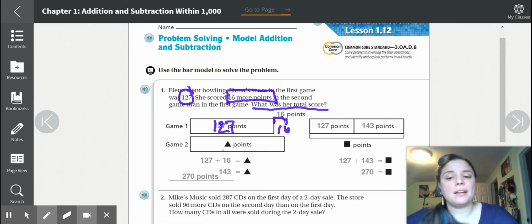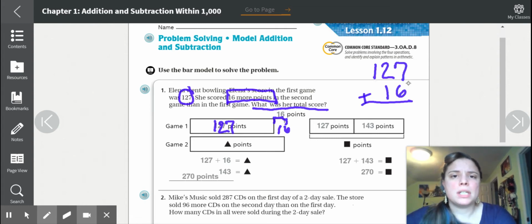So in order to find how much game 2 was, we would have to do 127 plus 16. What is 7 plus 6? And what is 1 plus 2 plus 1? Right, so this is 143.